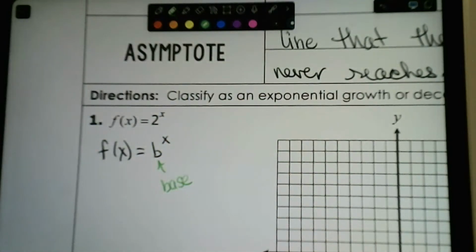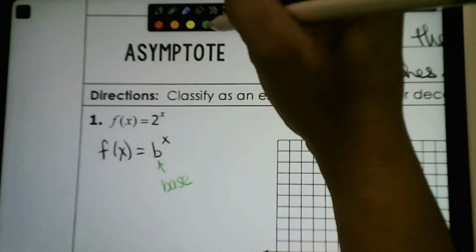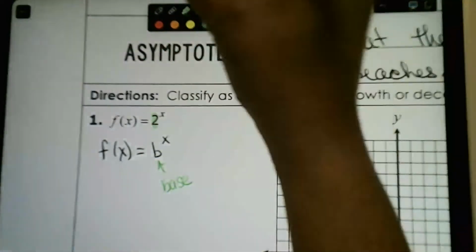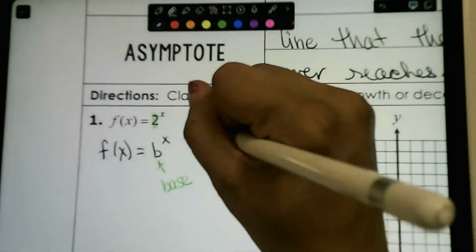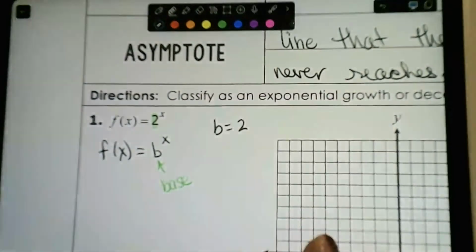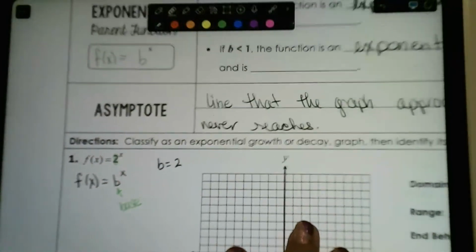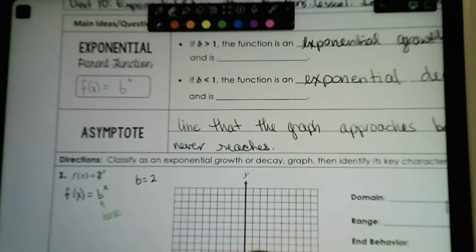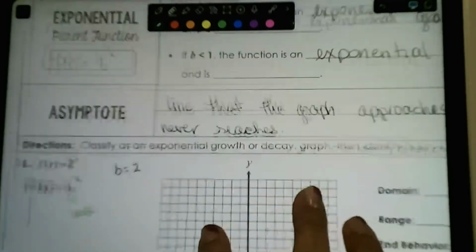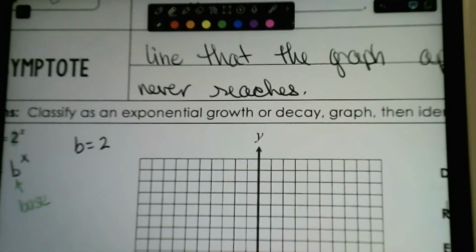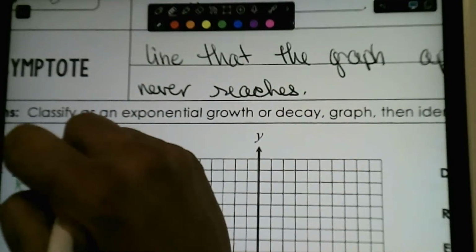What is the base of this function? 2. Our base is 2. If b is greater than 1, it's a growth. If b is less than 1, it's a decay. Is this a growth or a decay? Why?